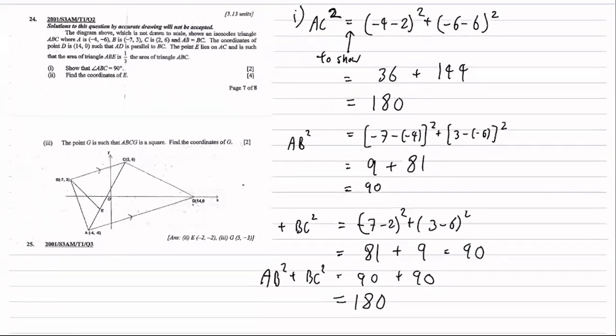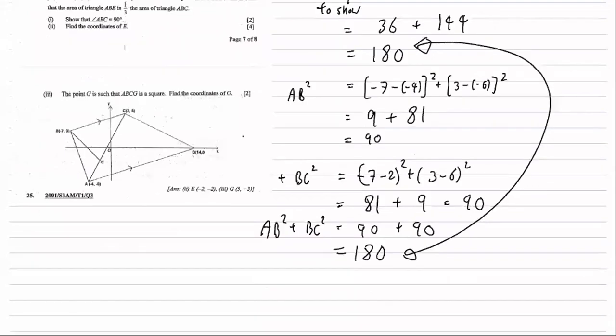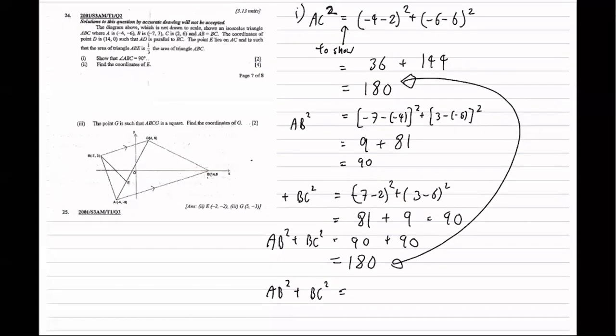They are equal. Then therefore you conclude AB square plus BC square equals AC square. Then you can say by Pythagoras theorem, we conclude that angle ABC equals 90 degrees.